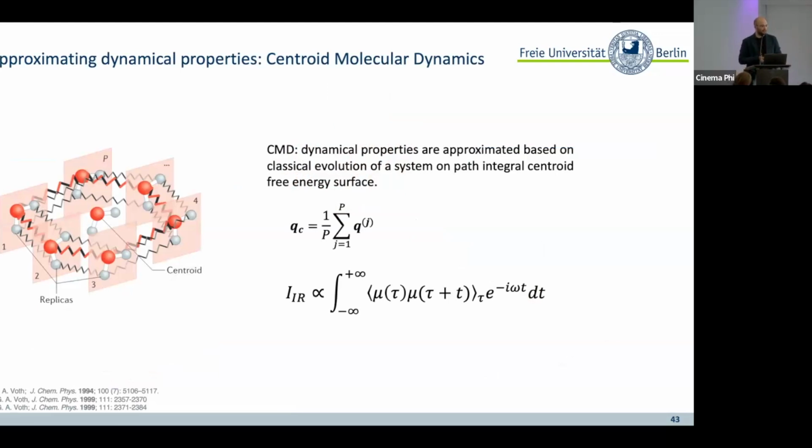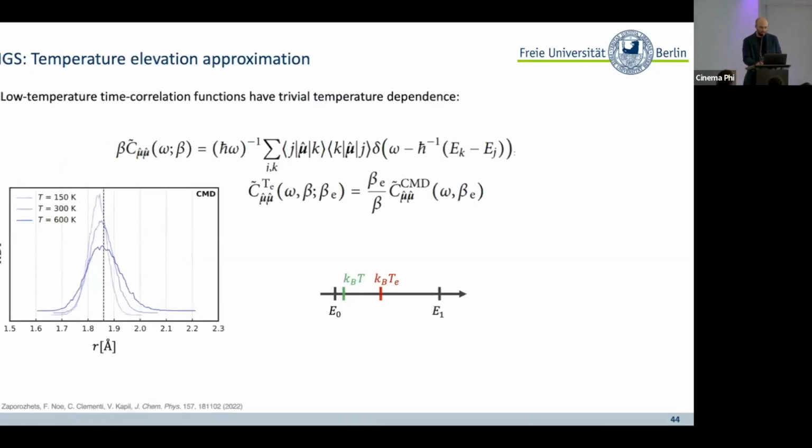In standard path integral centroid molecular dynamics, they have to simulate the entire ring polymer and take step by step the centroid. In our case, again, we can coarse-grain the entire system directly to the centroid and learn the effect of the ring polymer. Again, we obtain results at the cost of a classical molecular dynamics simulation.